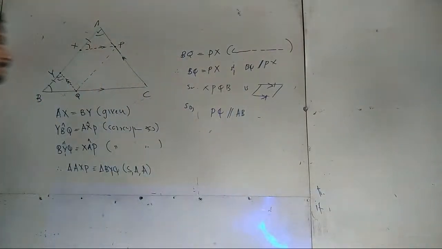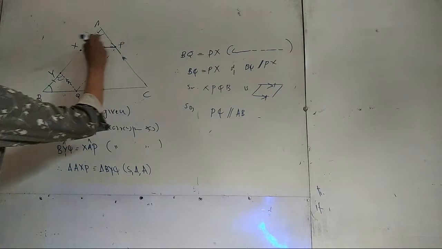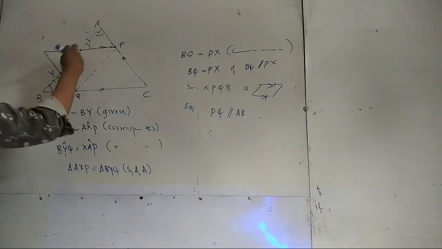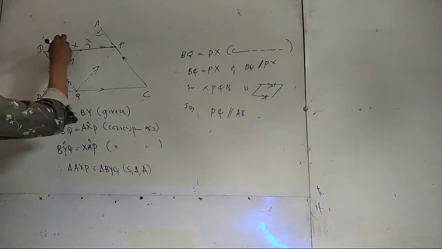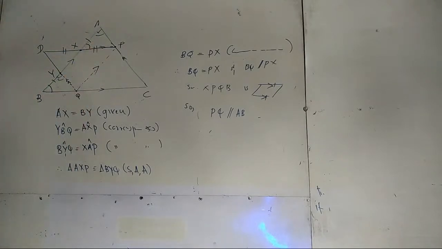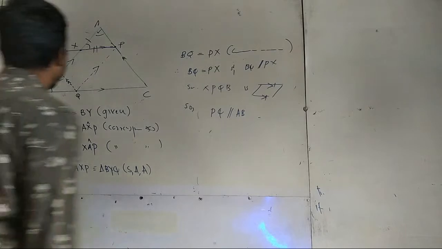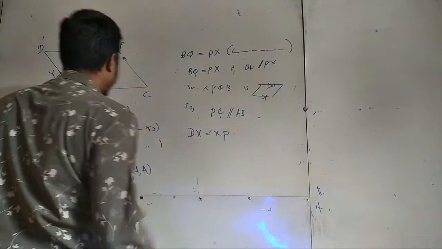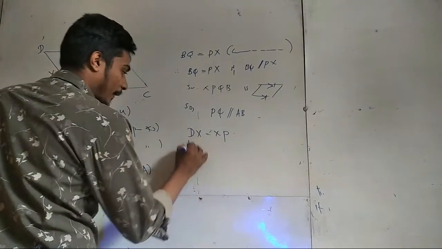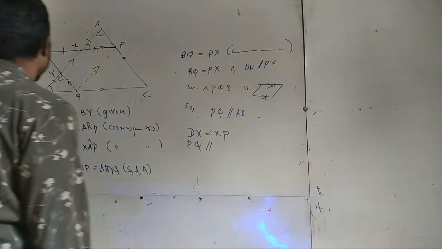What is the next one? The lines PX are produced. Now these two are parallel; we have already proved them. Now what should we do? DX equal to XP. PQ parallel to XY is given.